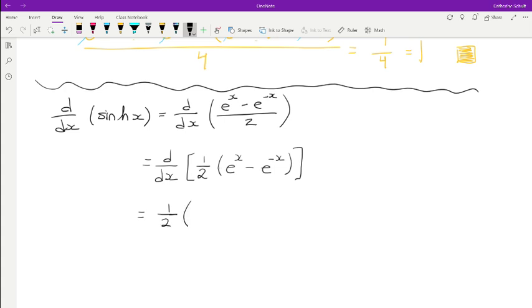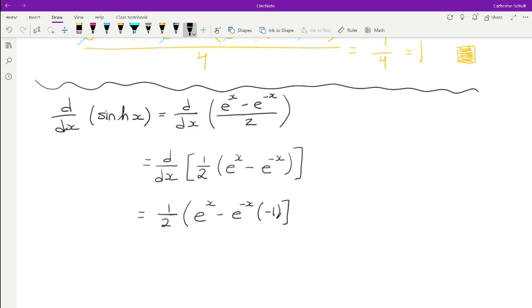The derivative of e to the x is e to the x. The derivative of e to the negative x, that's a chain rule. So take the derivative of the outside function first, e to the u, e to the negative x, times the derivative of the inside function. What's the derivative of negative x? Negative 1.